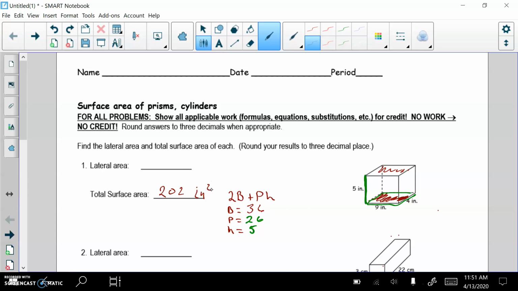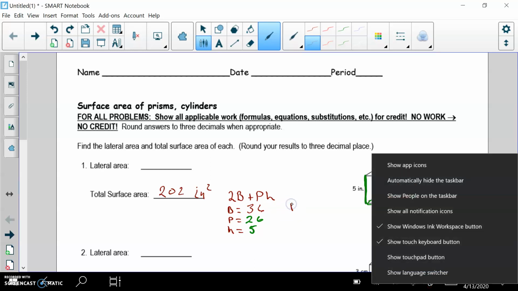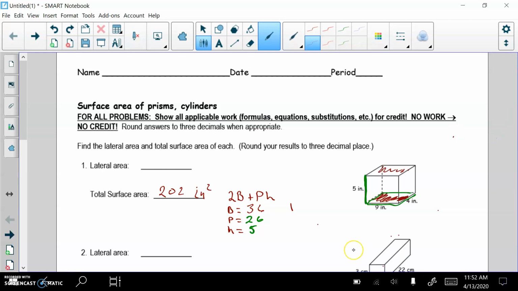Well, subtract 72. Why? Because 2 times 36 plus 26 times 5, this is 72.